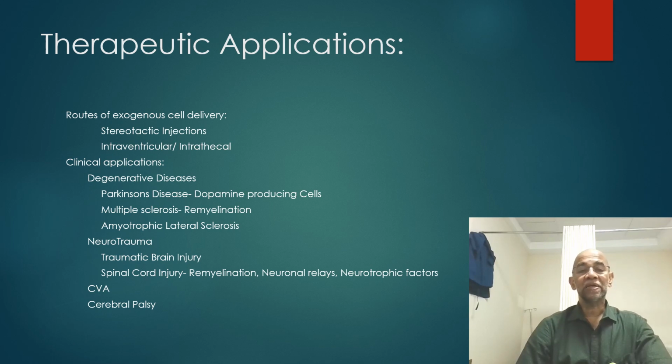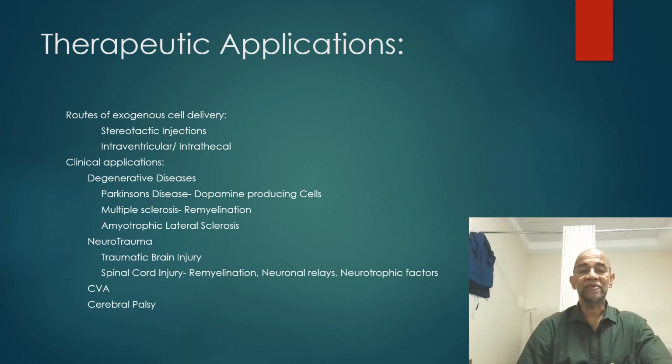So the clinical applications of stem cells include degenerative diseases like Parkinson's disease, inflammatory conditions like multiple sclerosis, amyotrophic lateral sclerosis. In each of these, the requirement of stem cells is different.